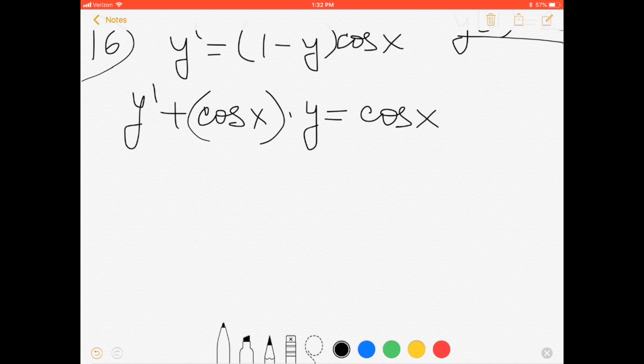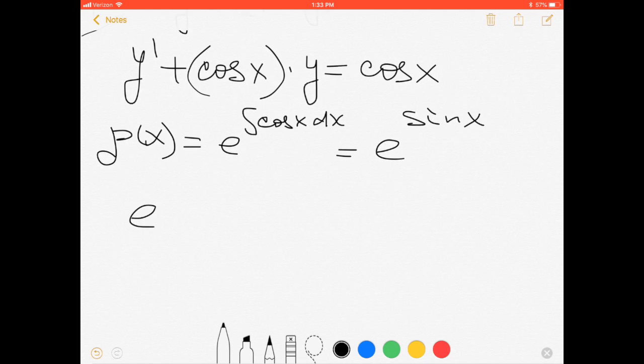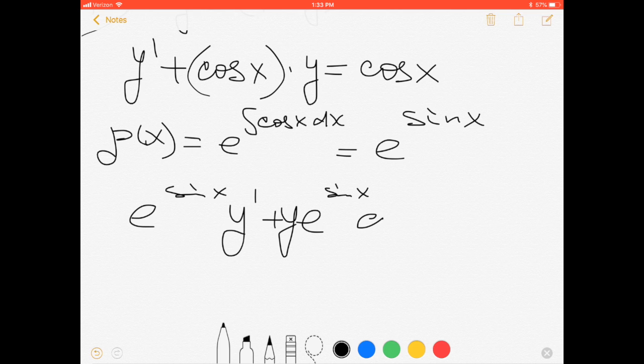Okay, let's go. This means our multiplicator will be e to the integral of cosine x dx. It will be e to the sine x. Okay? e to the sine x y prime plus e to the sine x cosine x times y equals e to the sine x times cosine x.